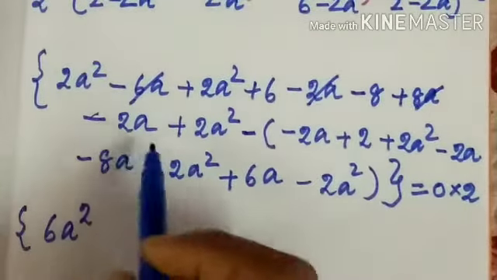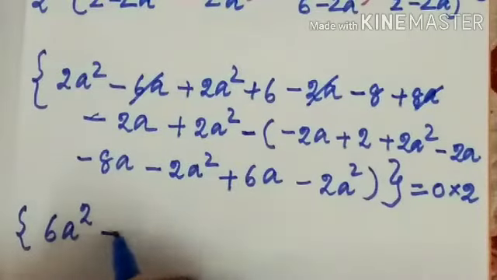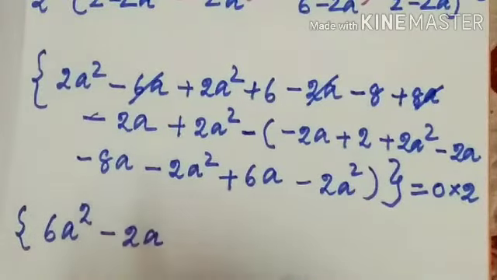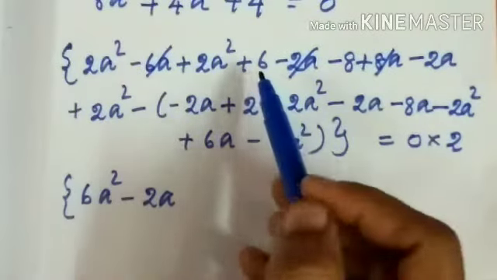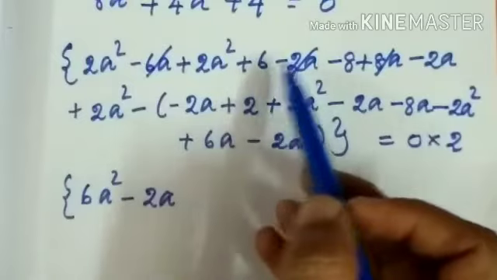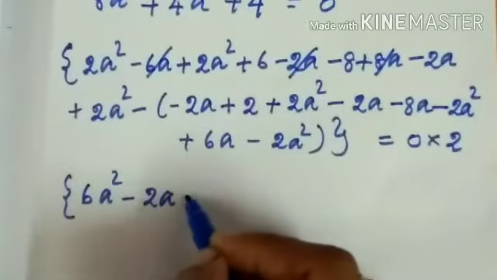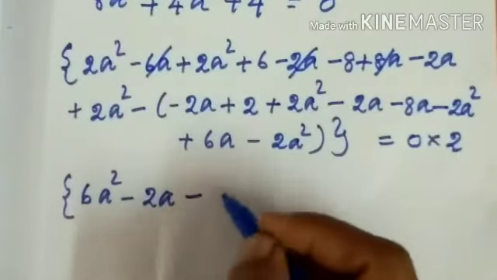Then the remaining a term is minus 2a, that one you take down and write. Now you have to simplify the constant term. Plus 6 minus 8, we get minus 2.